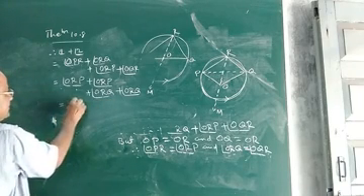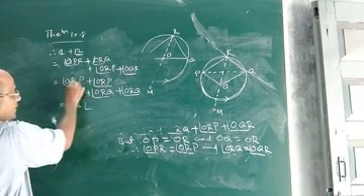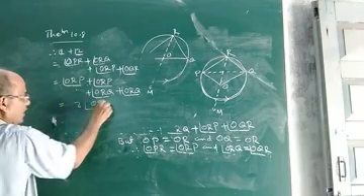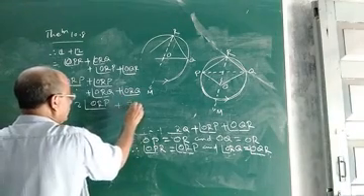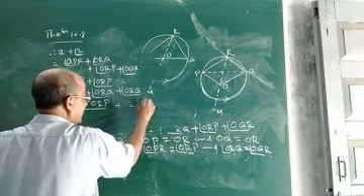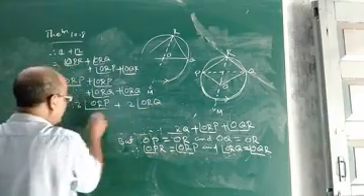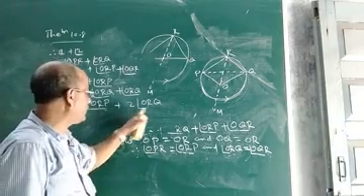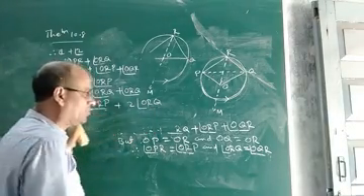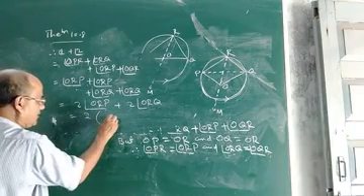That means this is 2 angle ORP plus 2 angle ORQ. Now you take 2 common. If you take 2 common, what will you get?